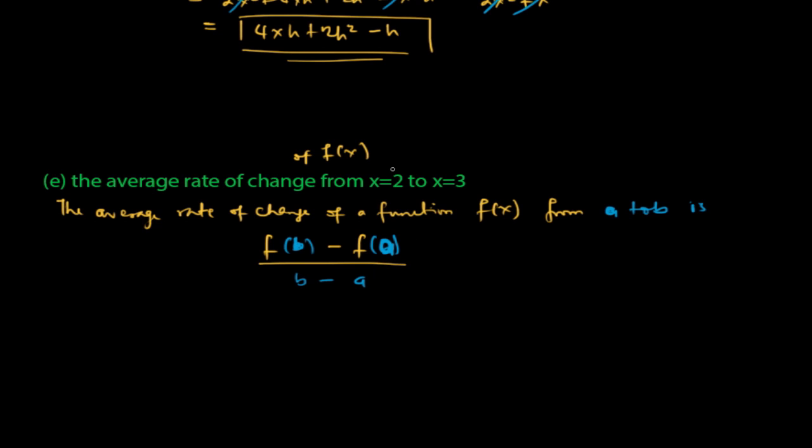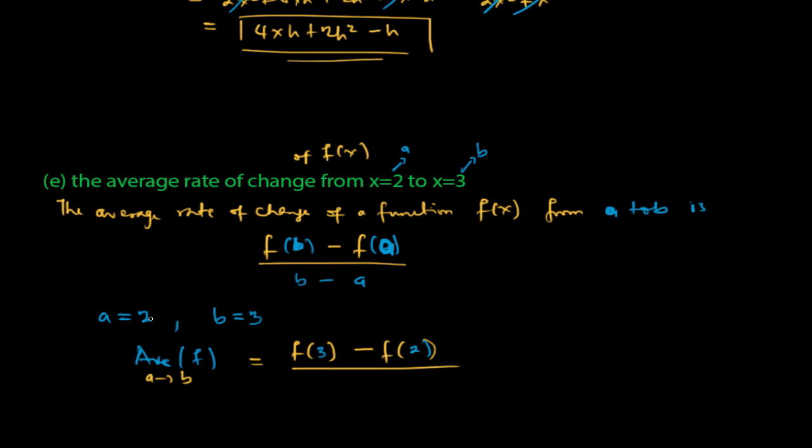And then this time around, if you observe, here is our a, and then here is our b. So to find the average rate of change of the function, since my a equals 2 and my b equals 3, the average rate of change of f from a to b is going to be equal to the function value of b, that is f of 3, minus the function value of a, that is f of 2, divided by b minus a, that is divided by 3 minus 2.